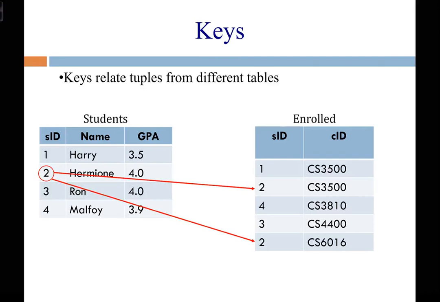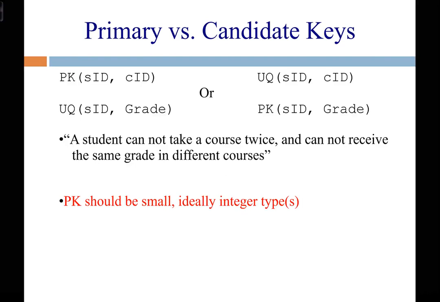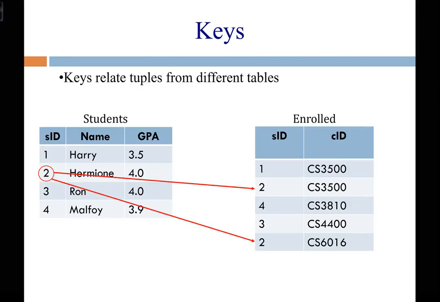And then which one should be the primary key: try to make it small, try to make it an integer type, or a single integer type is ideal. So there's an art to this. More of a science than an art, but yeah, this is computer science.